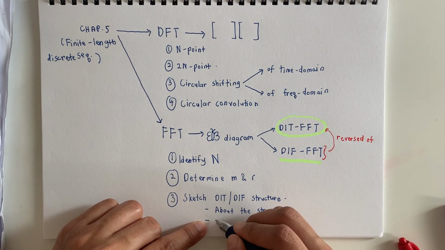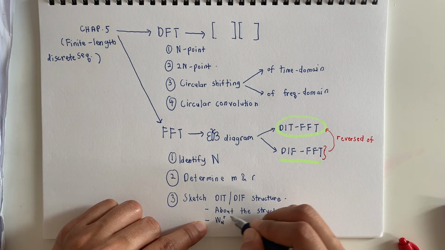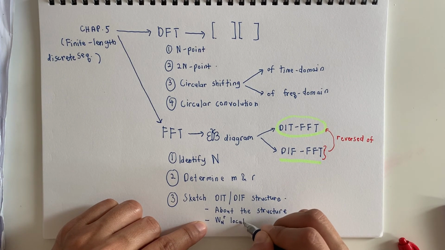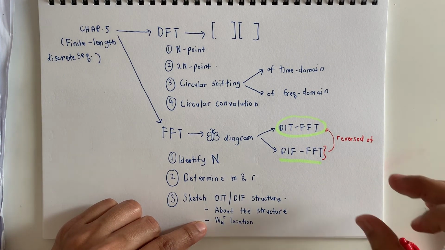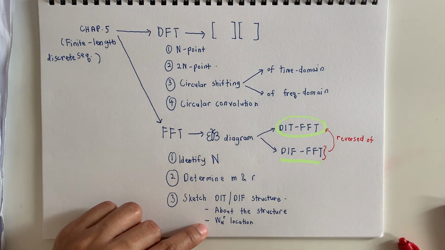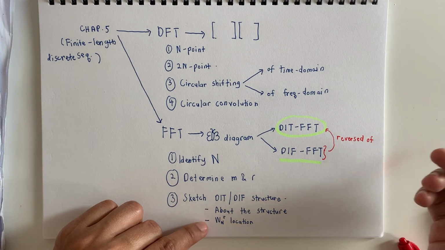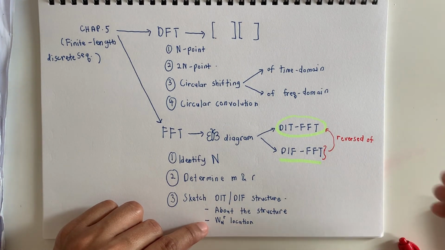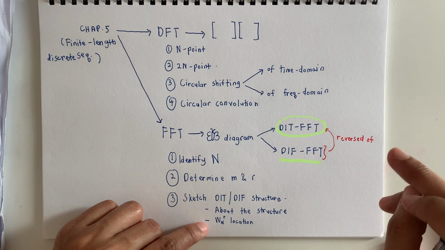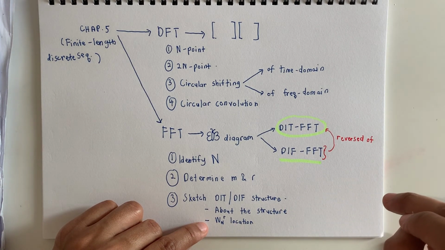Next is weight location. You need to place your weight, so at which point? For DIT FFT, you have to place the weight at the input node, which connects to an arrow pointing upwards and a horizontal line.